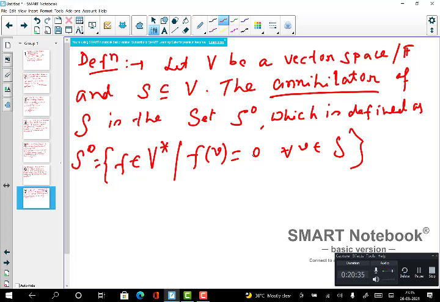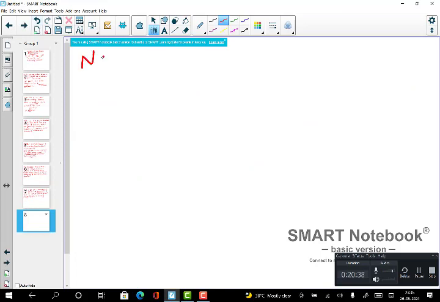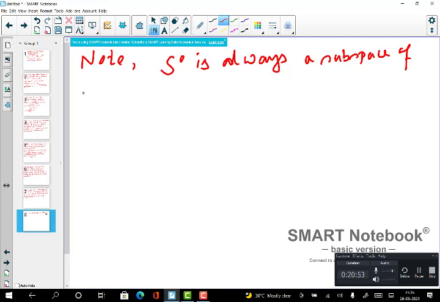Whatever S may be, note that the annihilator is always a subspace of V star, no matter whether S is a subspace or not. Whether S is a subspace or not doesn't matter.